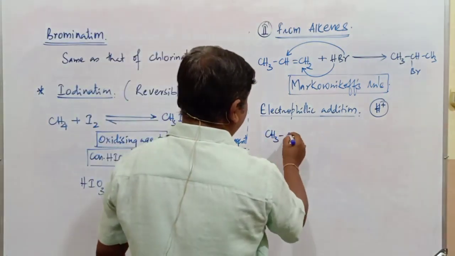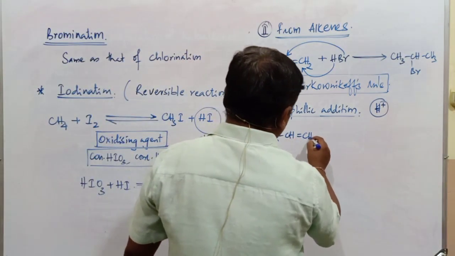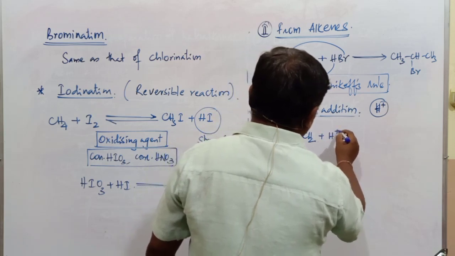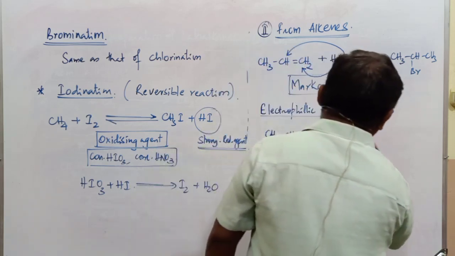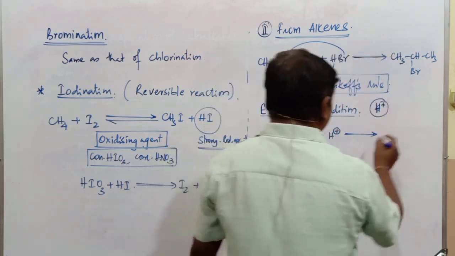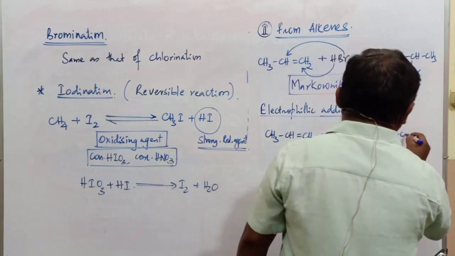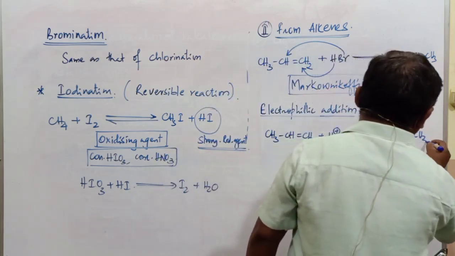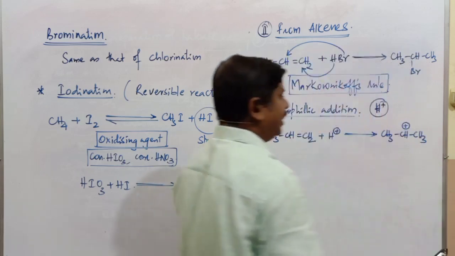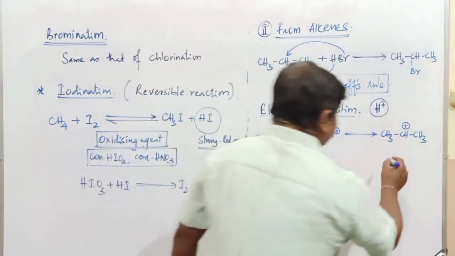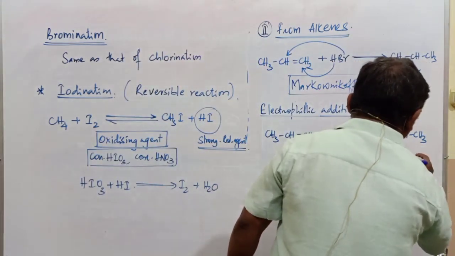Here, if I take CH3CH=CH2, this is H+. First H+ is added. H+ is an electrophile. When H+ is added here, it gives rise to CH3, CH, CH3 with a positive charge. Now this species is called a carbocation.